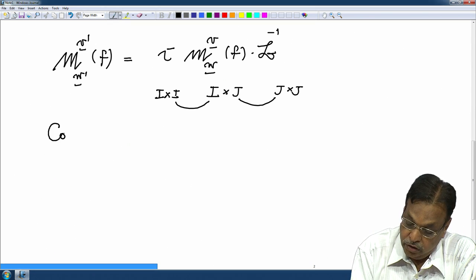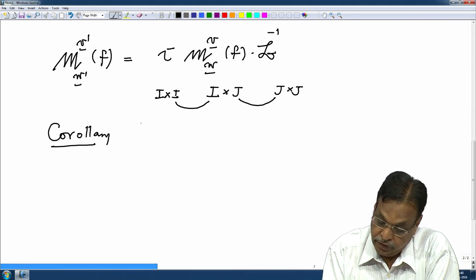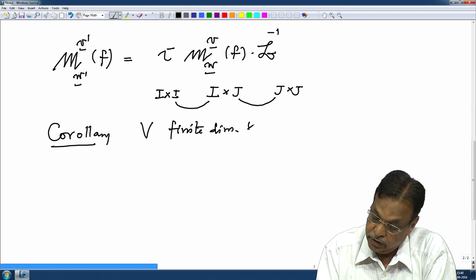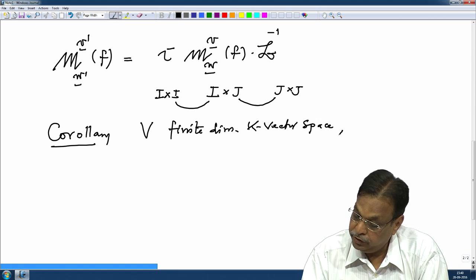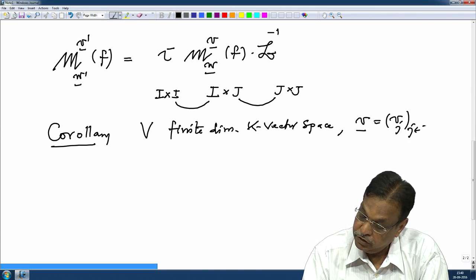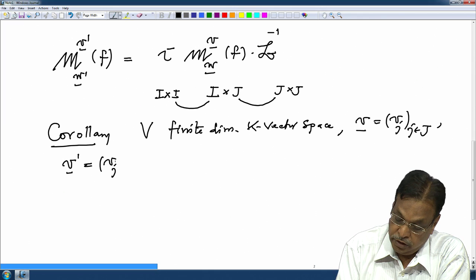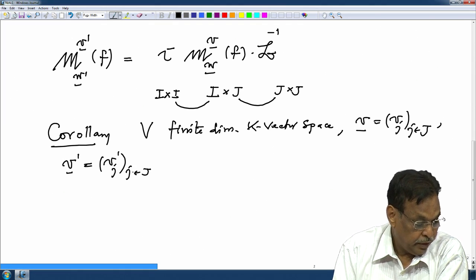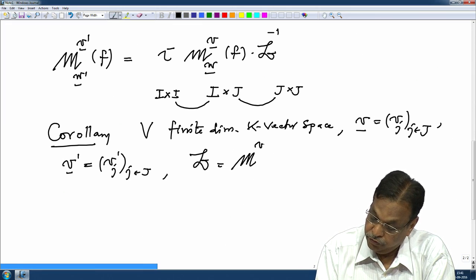Okay. So before I go on to the formal definition of similar matrices, let me write one corollary. Now V is a finite dimensional K vector space, and we have a basis V numbered by V_j, j in J, another is V prime which is V_j prime, j in J, and as usual B is the transition matrix, B is the matrix of V to V prime of the identity map.